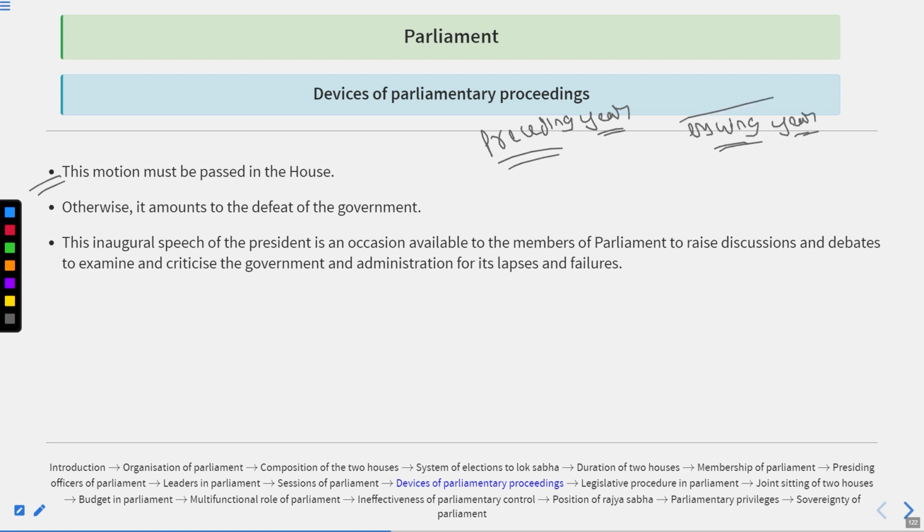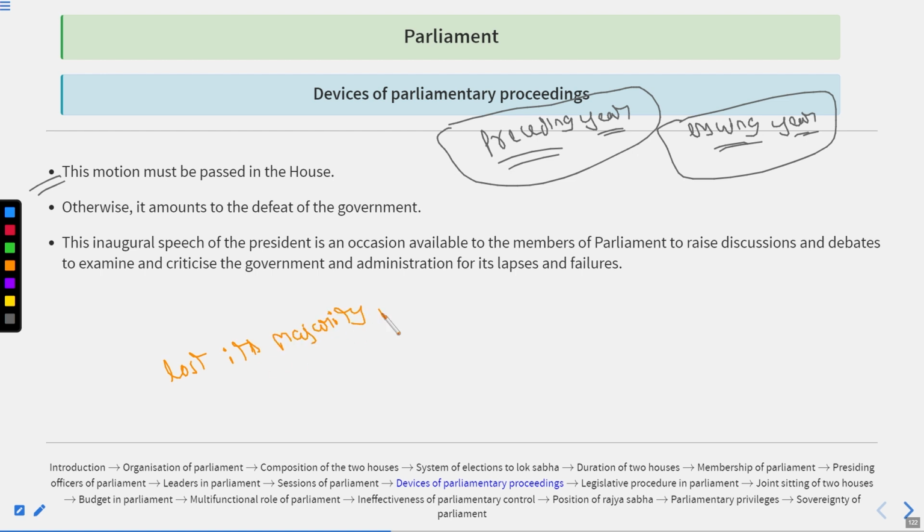Okay, it shows the governance and the administrative policies, whether in the field of socio-economic development or in the field of fiscal or defense and all. All right, so basically if the house does not approve it, this is the clear-cut indication that the government has lost its majority in the parliament.